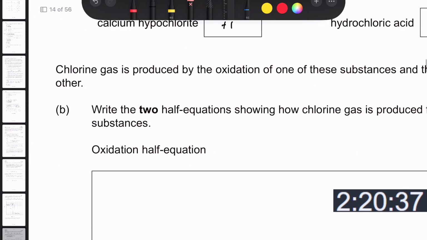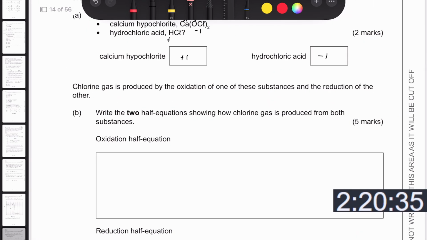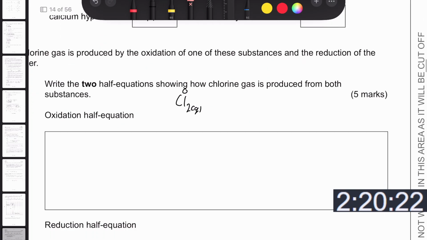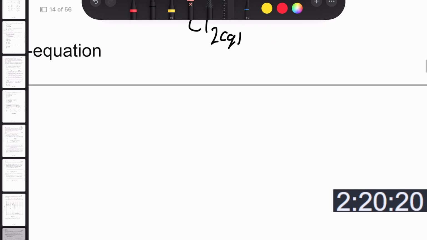Yes, okay. Chlorine gas is produced at oxidation of one of these, and the reduction of the other. Write the two half equations showing how chlorine gas is produced from both substances. So Cl2 gas has an oxidation number of 0. So oxidation is going to be the hydrochloric acid.